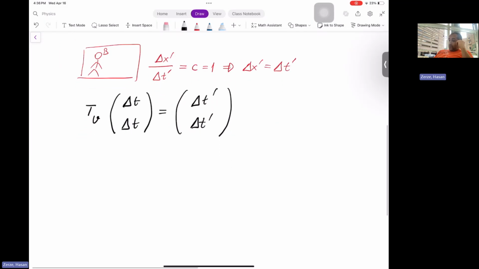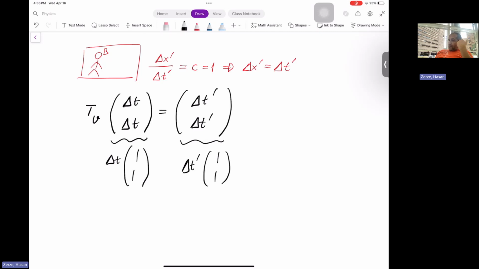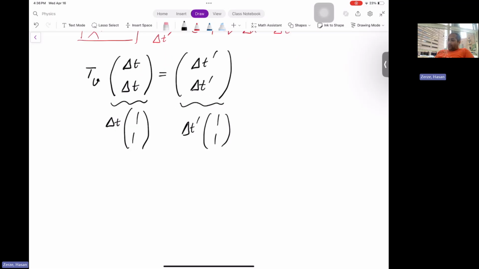And you can think of it as, this is some multiple of the (1, 1) vector, and this is some multiple of the (1, 1) vector. So it looks like T_V has an eigenvector, and that eigenvector is (1, 1) because of this equation. And say it's going to have an eigenvalue of lambda plus.